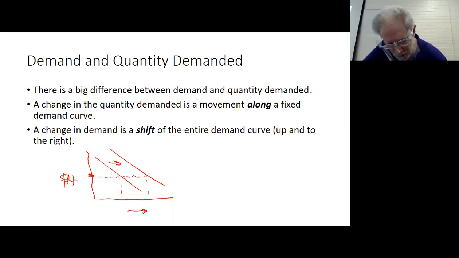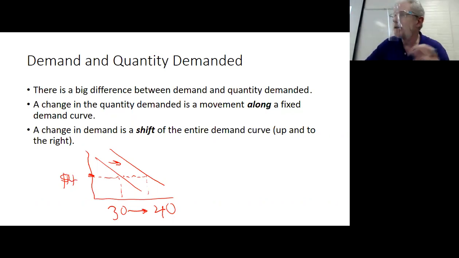Maybe they wanted 30,000 gallons before. After the change, they want 40,000 gallons. Okay. That's an increase in demand for a product. It's always a rightward shift, also an upward shift of the curve.